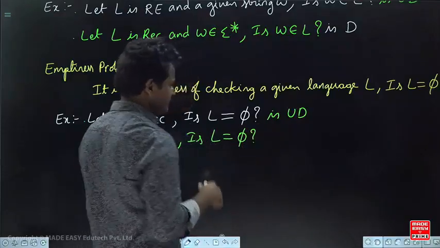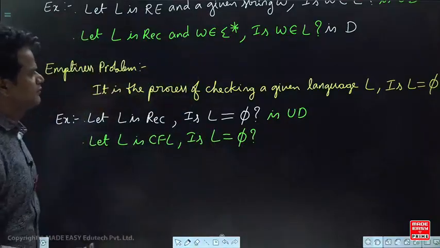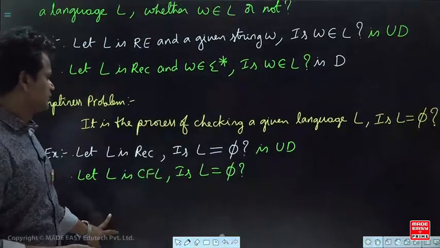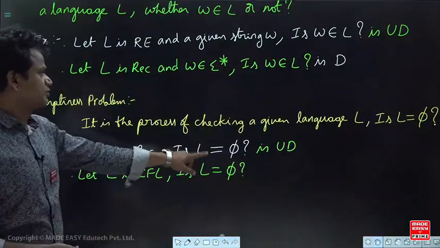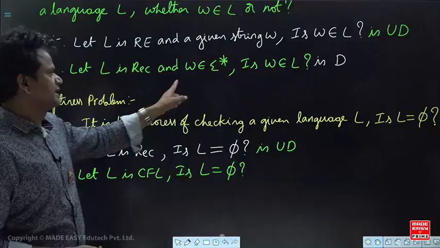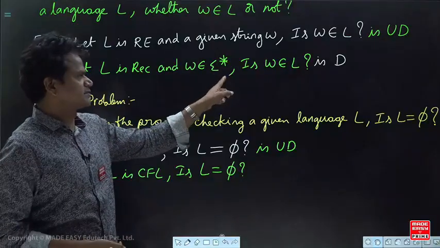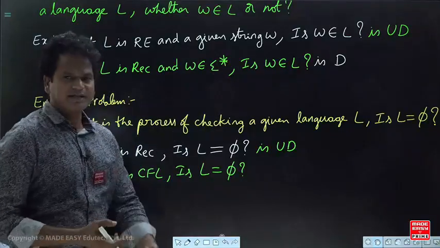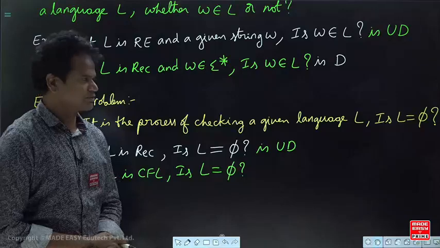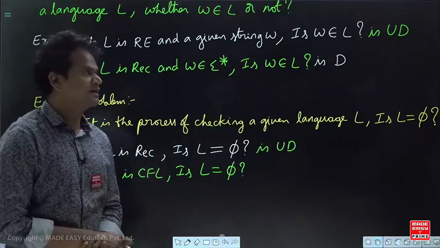They ask you which of the following problems are decidable. So one: L is REC, is L equal to empty; and second: L is REC and W belongs to sigma star, is W belongs to L. Like this they can give you the questions. Which of the following is undecidable or decidable?